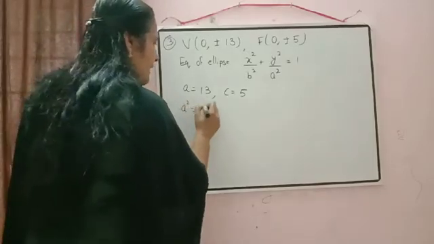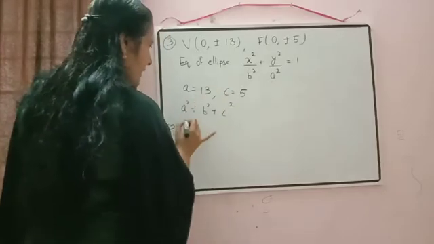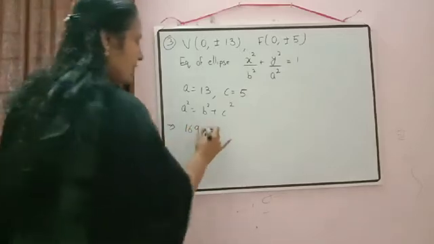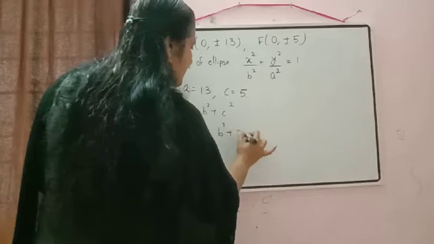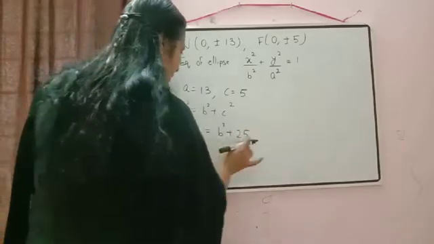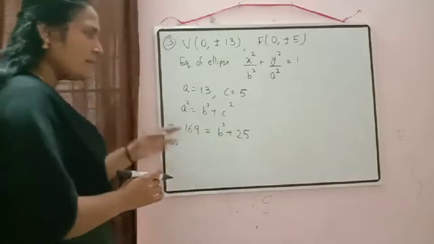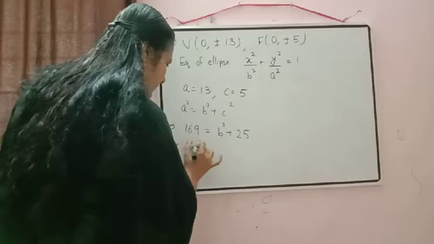The relation is a square is equal to b square plus c square. So a square, 13 square, will be equal to 169, is equal to b square plus c square, which is 25. Now 25 we can shift here, then it will be equal to 169 minus 25. How much will be 169 minus 25?